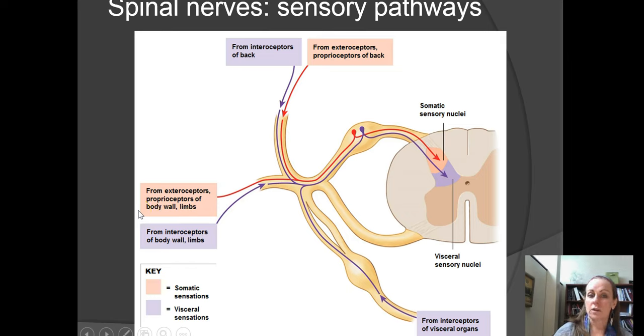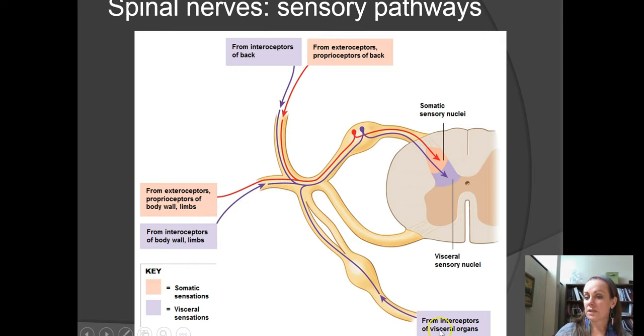So just to give you classifications of where things are coming in. If it's coming in from the back, either external or internal environments, but along that back part of the body, it comes to the dorsal ramus. If it is coming from the front part of the body, or the arms or legs, either exteroreceptors, proprioceptors, or interoreceptors from the body wall and limbs, that comes through the ventral ramus.